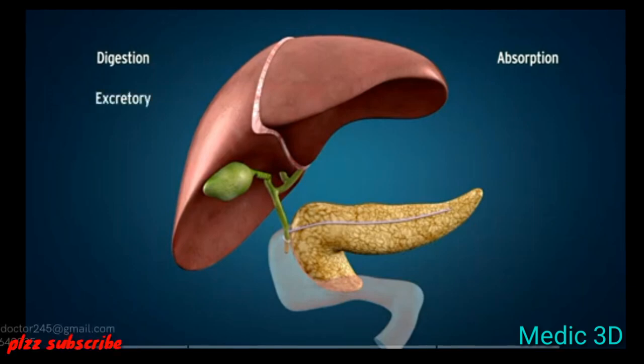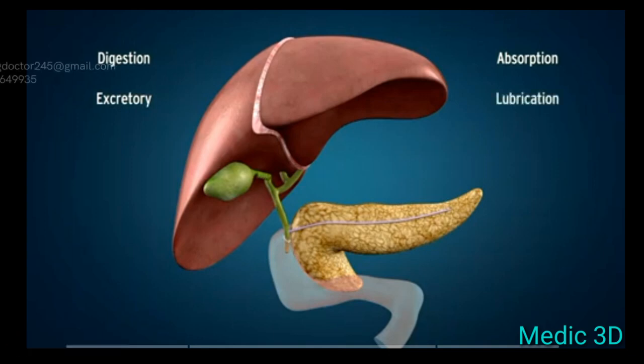Excretory function: bile pigments are the major excretory products of bile. Other excretory products include heavy metals, copper and iron, some toxins, some bacteria, cholesterol, lecithin, and alkaline phosphatase. Lubricative function: mucin of bile lubricates the chyme in the intestine.